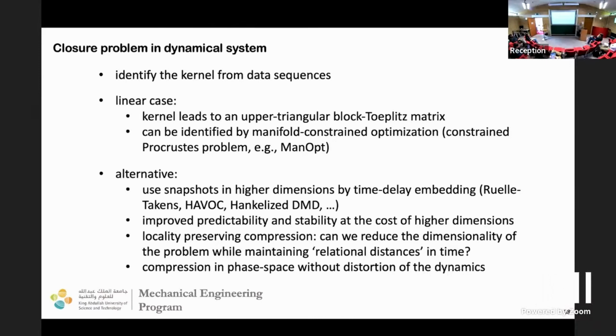That's exactly what we want to do here. Can we compress our space, but keep the relational distance between all the snapshots? The relational distance between all the snapshots is our dynamics.